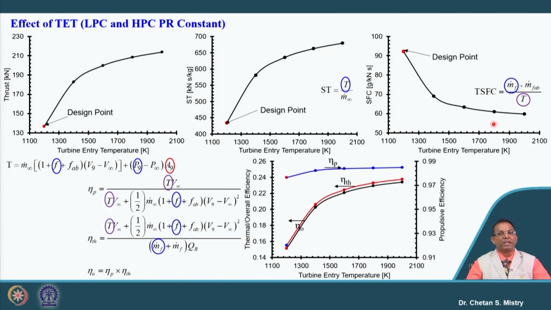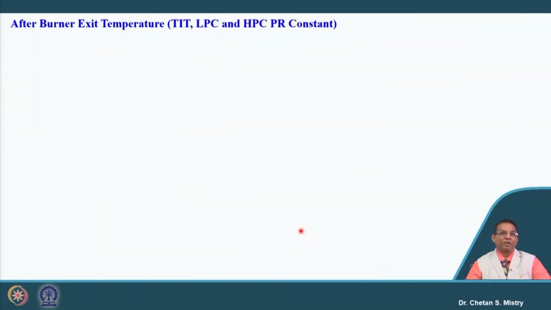Now, here in this case we have the parameters called thermal efficiency, propulsive efficiency and overall efficiency. So, you can say with the increase of turbine entry temperature, we are raising our thermal efficiency, that is what will lead to an increase in the propulsive efficiency and we have a rise of overall efficiency. Now, let us try to look at the next parameter. We have our turbine entry temperature.